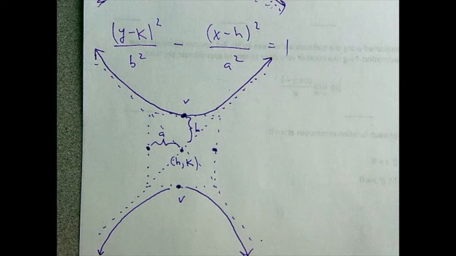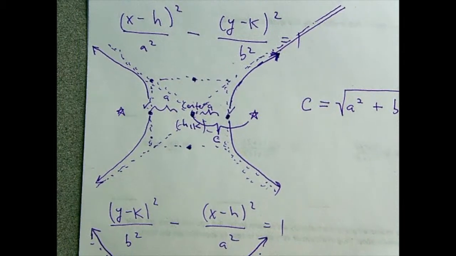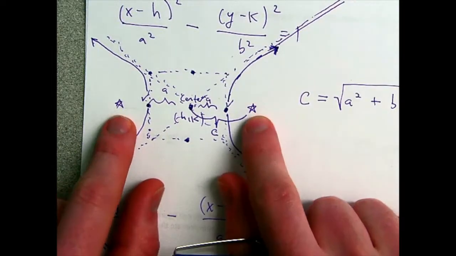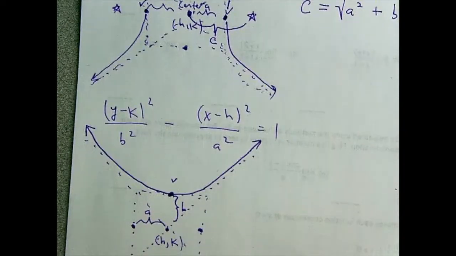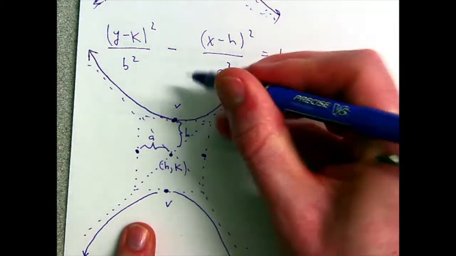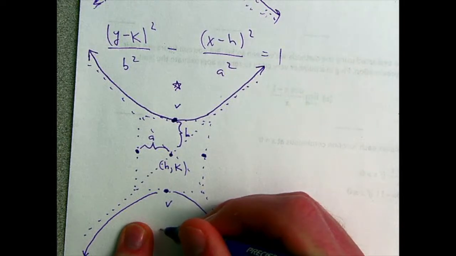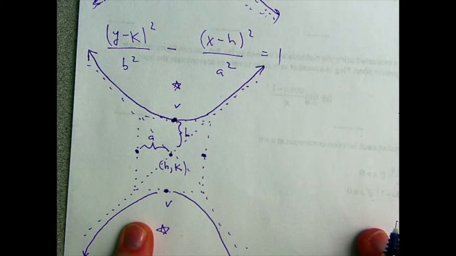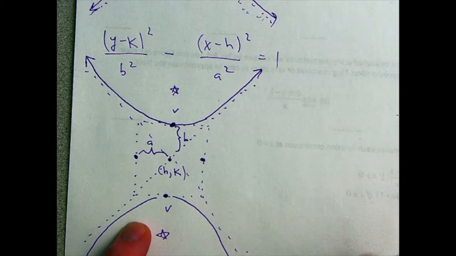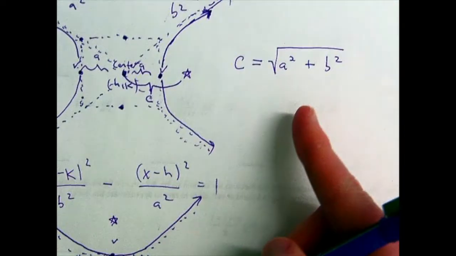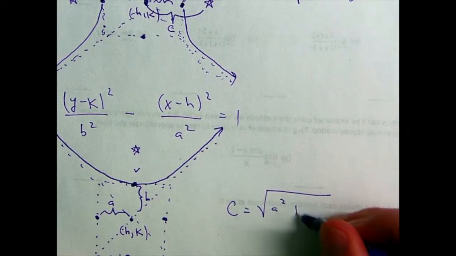One key difference that I have to point out is that here in the first picture, the foci are to the left and the right of the center. Here, they will be above and below the center. So one focus should be around here, and another focus should be maybe right down there. And just as before, c, which is still given by this very same formula, c is still given by root a squared plus b squared.